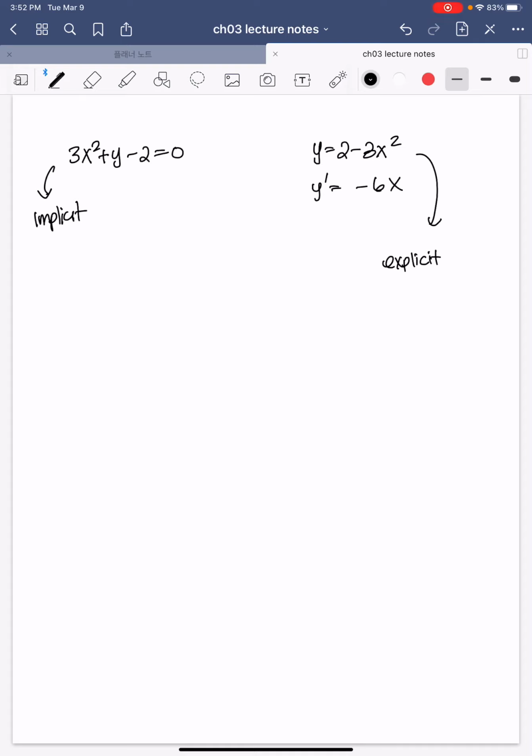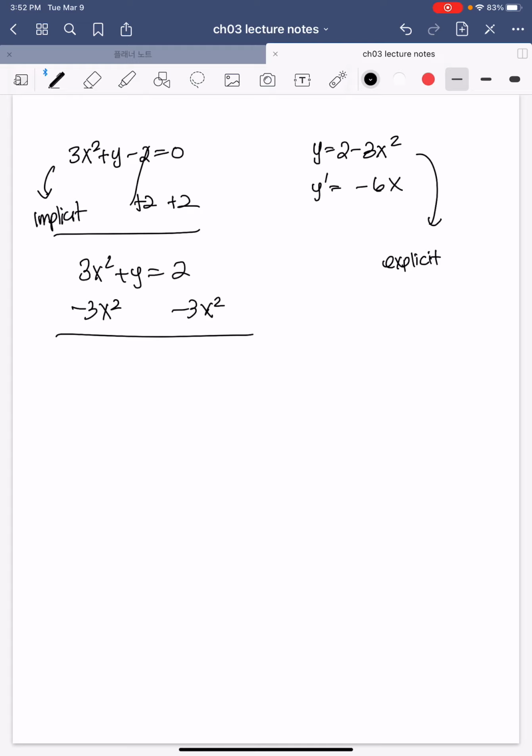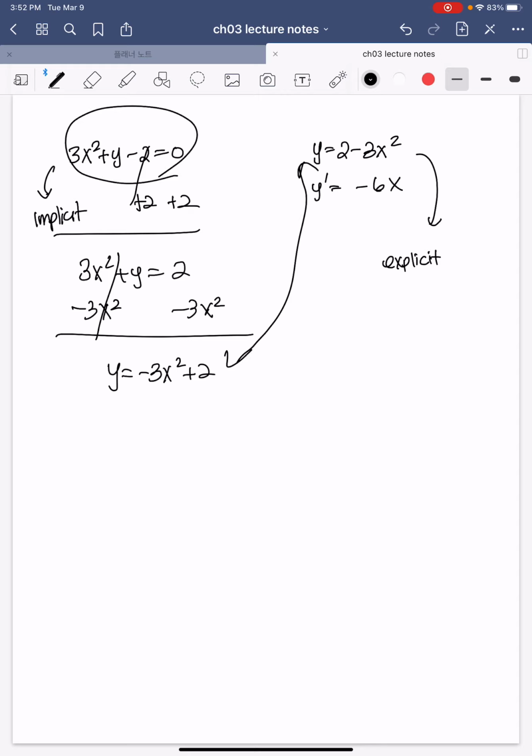Let's say you have 3x squared plus y equals 2, and then subtract 3x squared, which is what we have on the right hand side. So you can see that they're the same. But before the rearrangement, with the x and y terms together, it's written implicitly because y is written with the x.